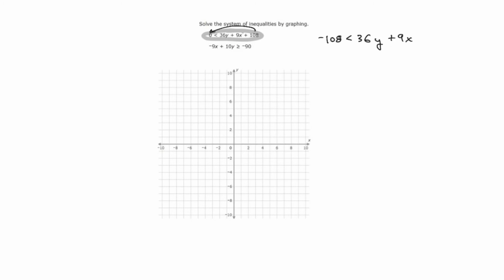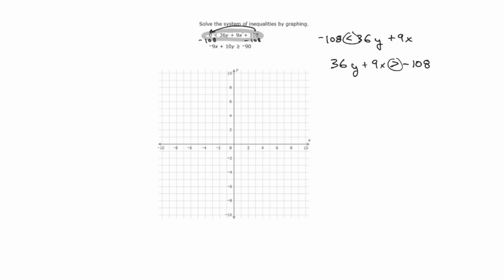And then what I like to do to get the x's and y's on the same side is I'll say 36y plus 9x is greater than negative 108. Just recognize what I did there. I brought the 108 to the other side so I can use intercepts. And because I visually like the y and x on the same side, I basically switched it, but I also switched the sign from less than to greater than.